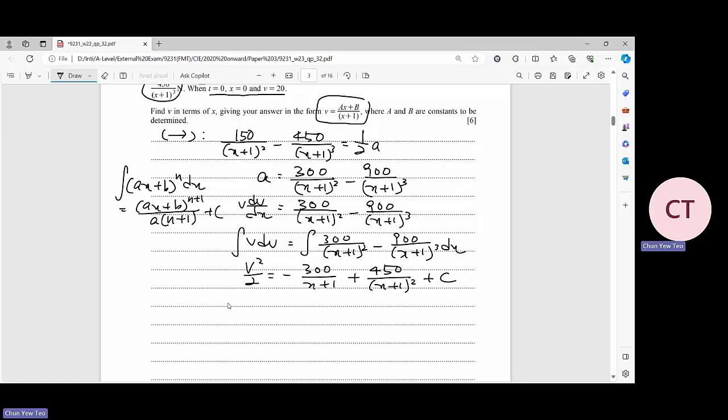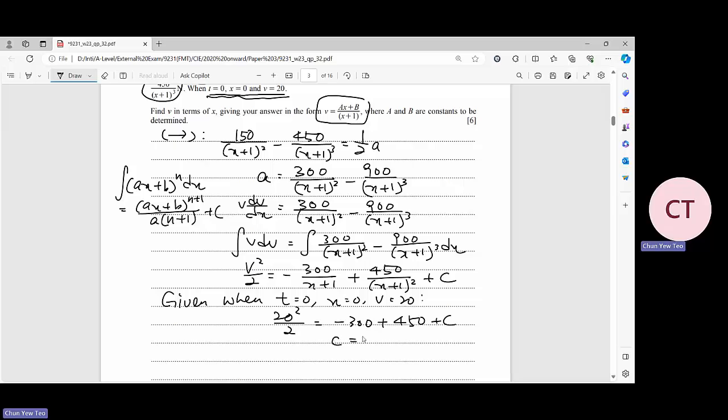Then after that, the question gives you that t equal to 0, x equal to 0, and v equal to 20. So when t equal to 0, x equal to 0, v equal to 20. That means 20 squared over 2 equals negative 300 plus 450 plus c.